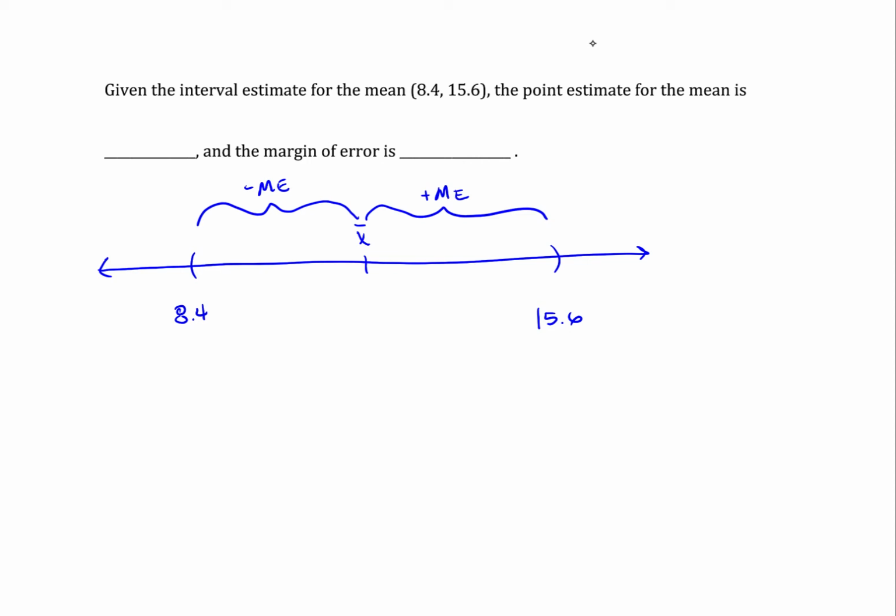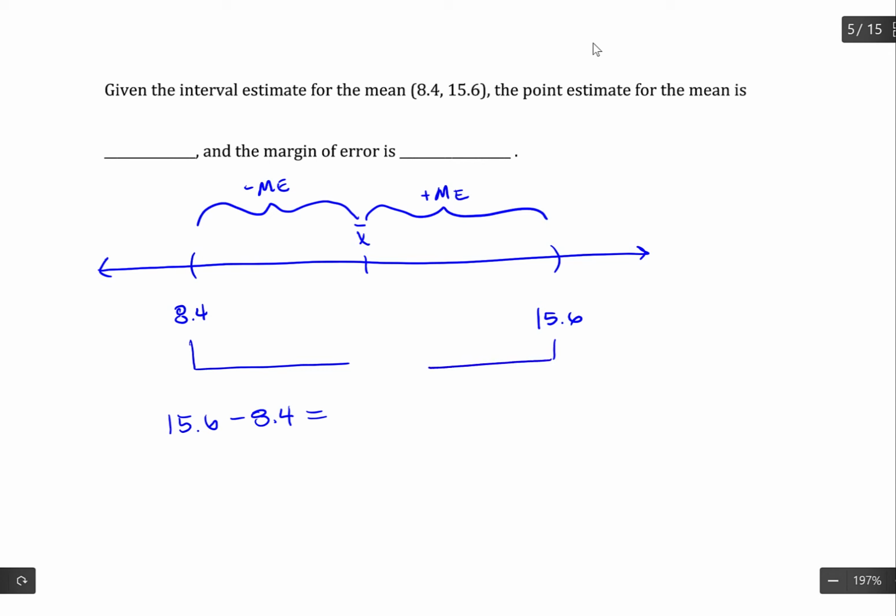What I do know is that if I take 15.6 minus 8.4, that would give me the distance between this endpoint and this endpoint, which is going to be twice the margin of error, because to get from 8.4 I would have to go one margin of error and another one, and that would arrive at 15.6.